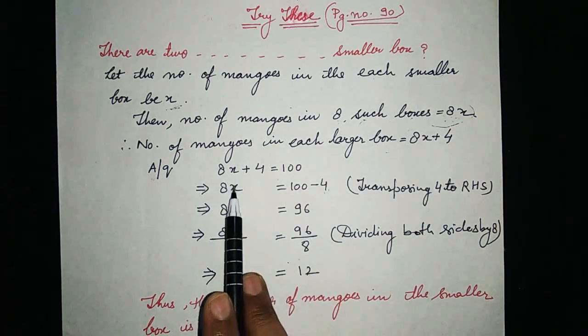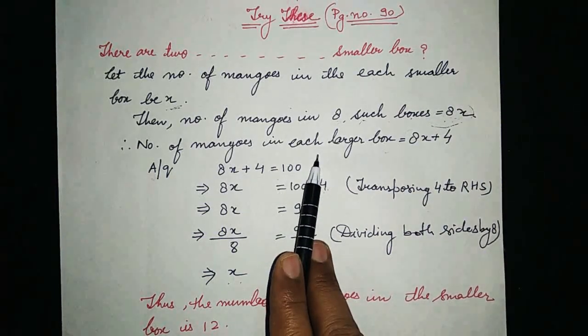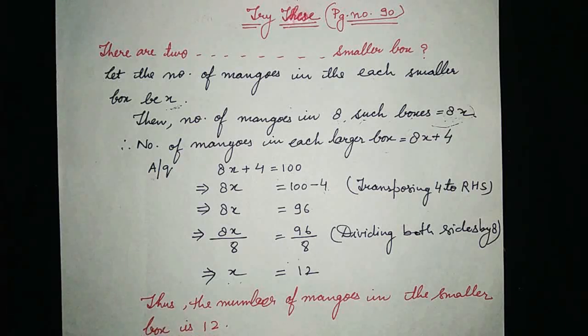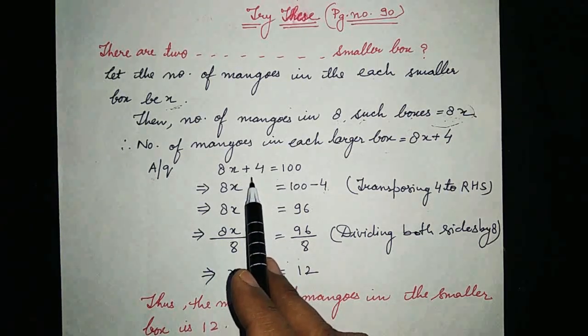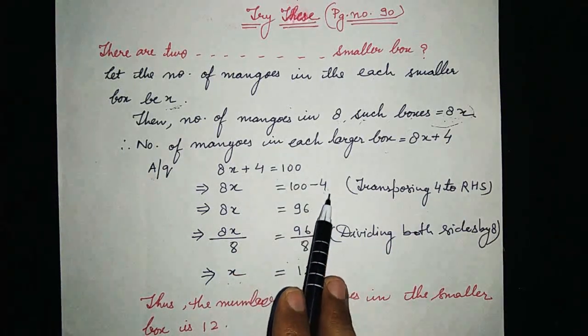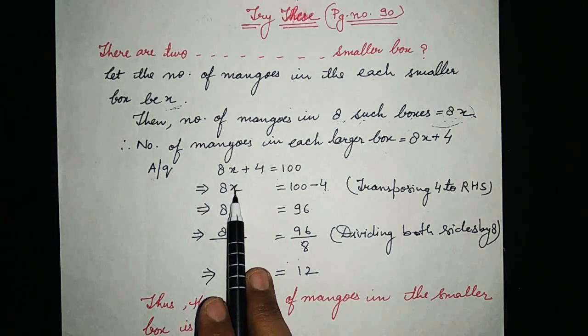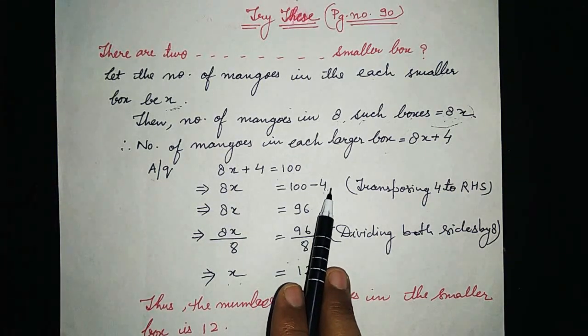So your equation will be 8x plus 4 is equals to 100. Now what you have to do? Just like other parts, other questions, you will transpose here plus 4 from left hand side to right hand side. Now the step will be 8x is equals to 100 minus 4.